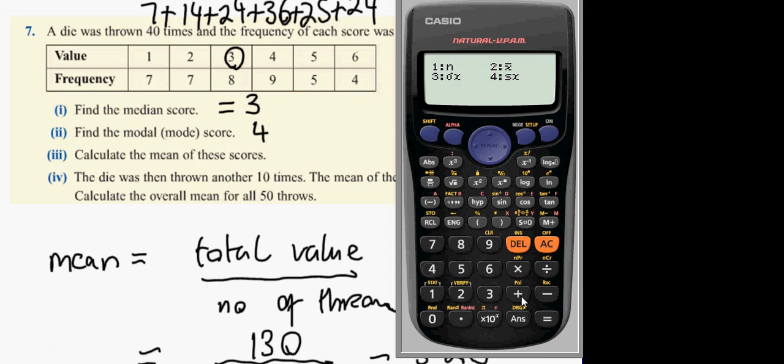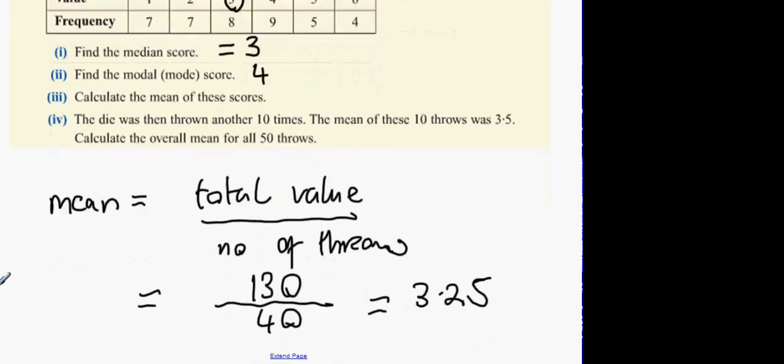Number 4, N means how many numbers have you? The answer should be 40. Number 2 means the mean. Press 2, press equals, and you get 3.25.